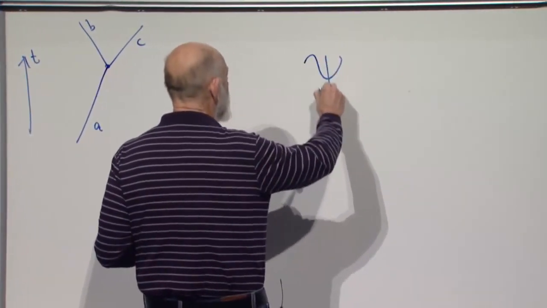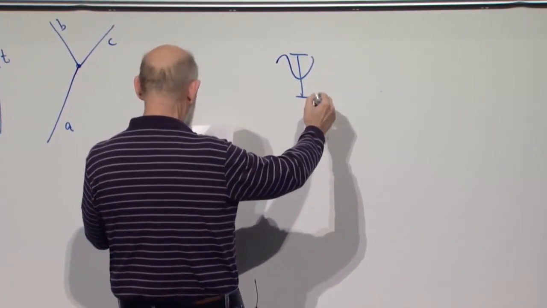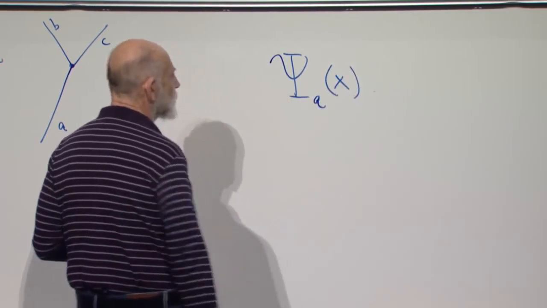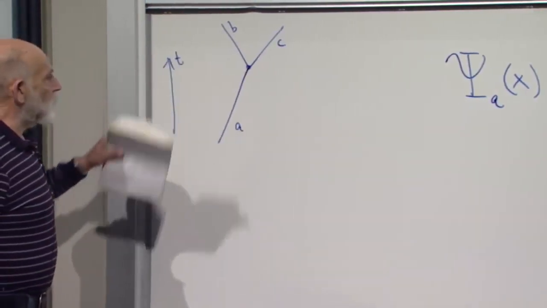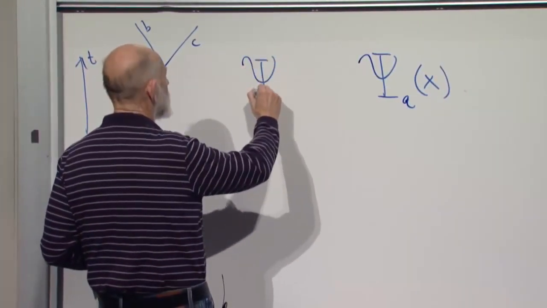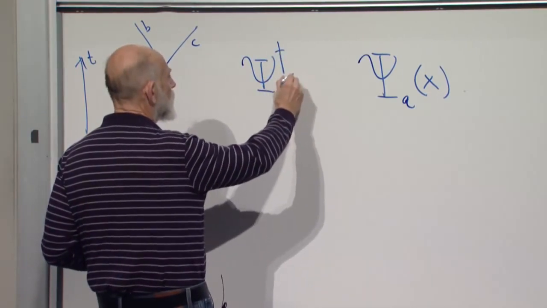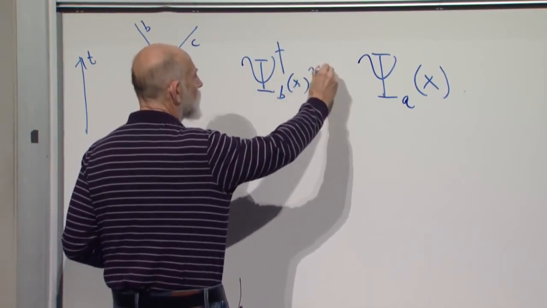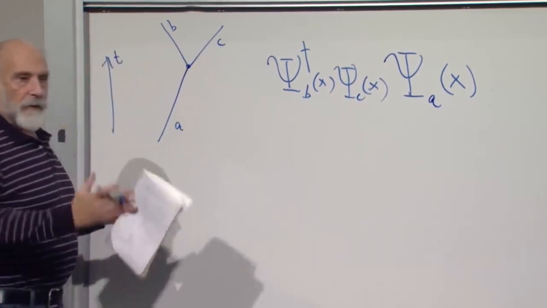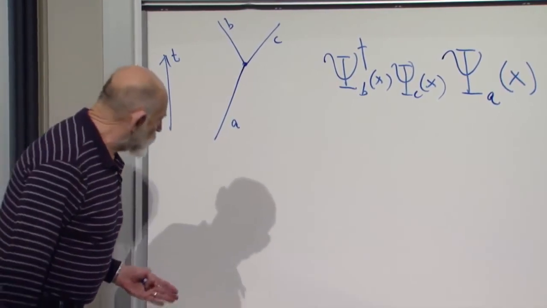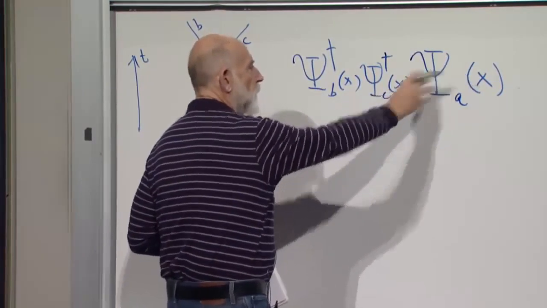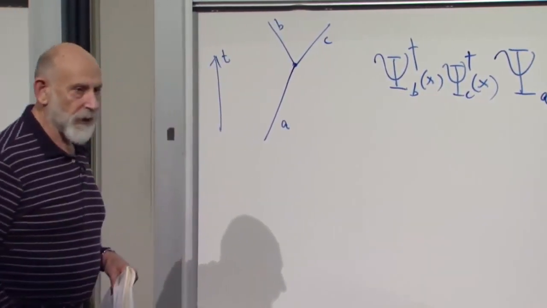We might write down the annihilation operator for A, for field A, at position X, and then two creation operators, one for B and one for C. And you'd say, look, I've discovered experimentally that the state of the system changes in such a way that an A disappears, that's this, and a B and a C are produced.